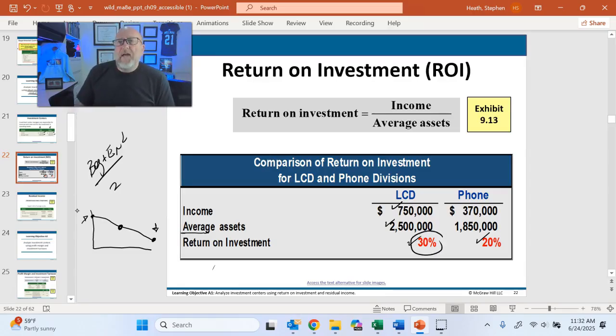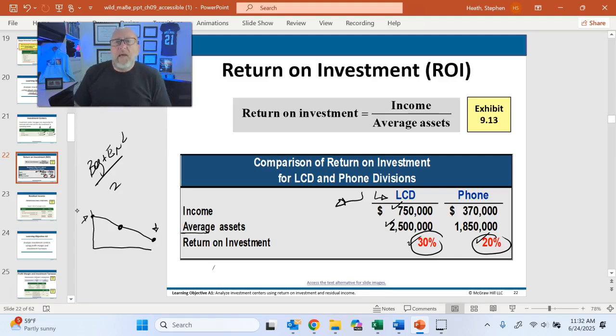Second, return on investment. The LCD division has a 30% return on investment, and the phone has a 20%. Straight off the bat, I would say the LCD department is outperforming the phone, right? It's employing its group of assets in a more substantial way than the phone department. However, we could compare the two, but we would also want to compare how we're doing in the LCD division relative to some other player in the LCD division.